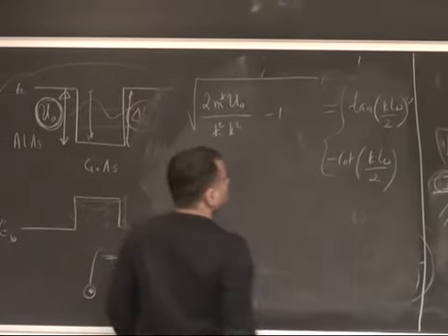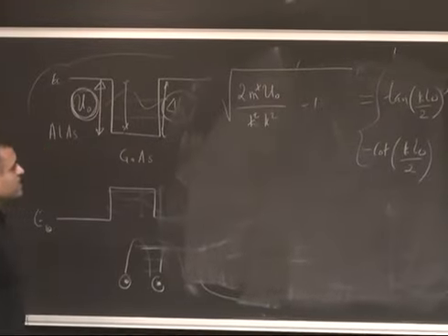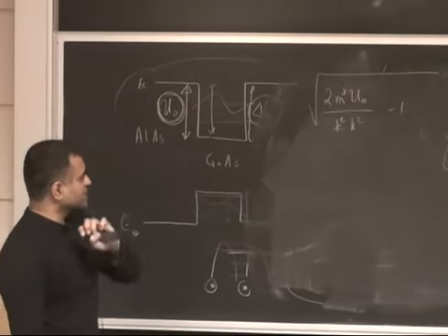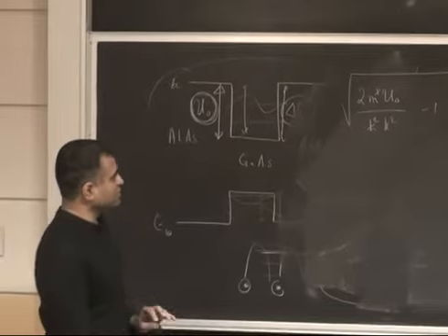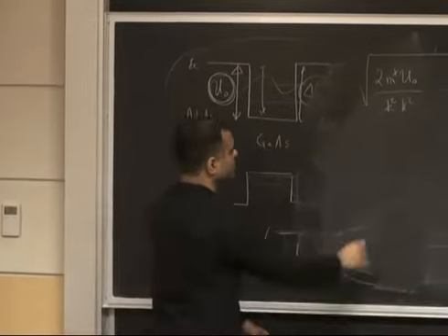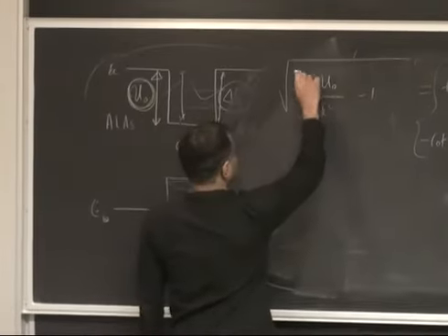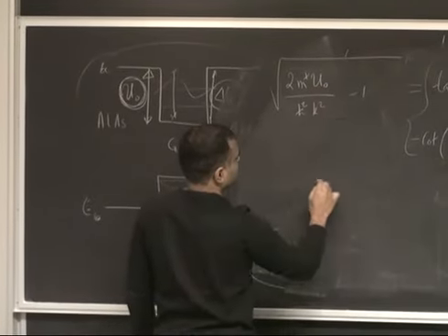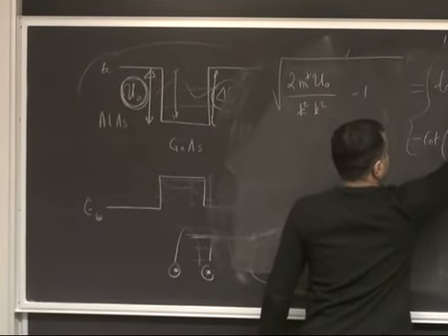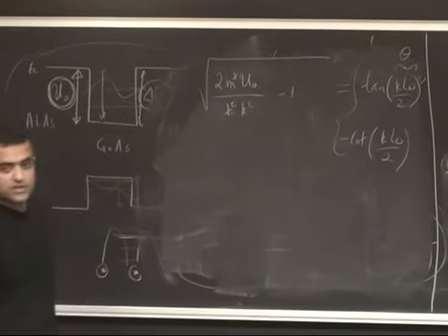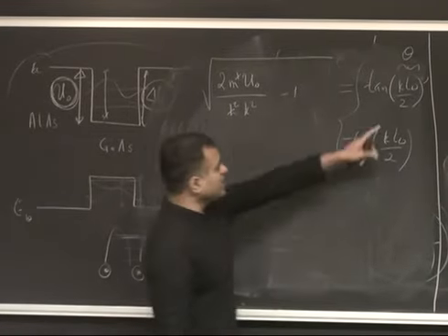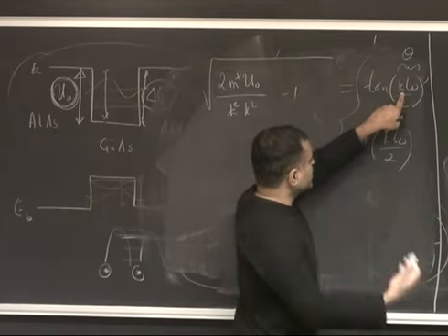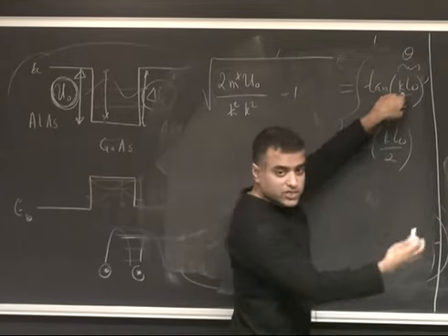Okay, so what you can do now is take this, and this is one of the nice things I'll ask you to do in your assignment problem. You can non-dimensionalize this whole quantity and call it some angle theta, tangent of theta. k is something you don't know, and the energy is related to h bar squared k squared by 2m star.